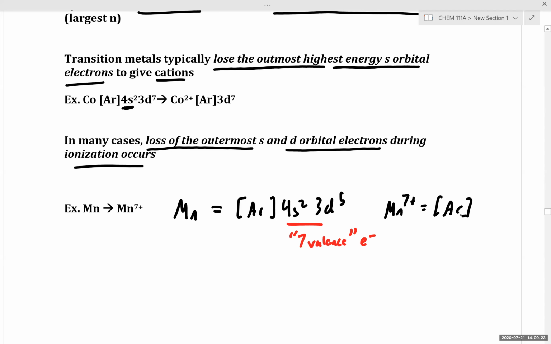You may notice above manganese, you'll see the symbol 7B. Some of the symbols for transition metals serve to indicate ionization preferences. That's why the numbers aren't always necessarily in order for your transition metals. Okay.